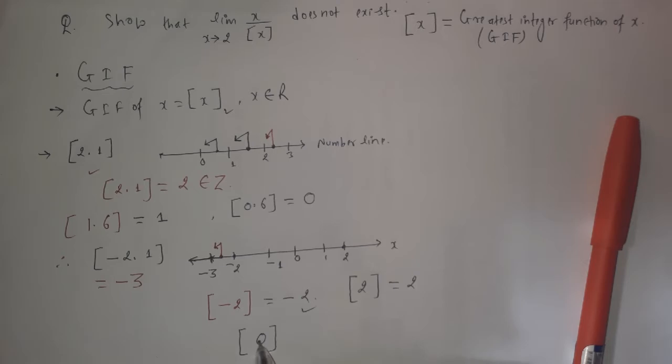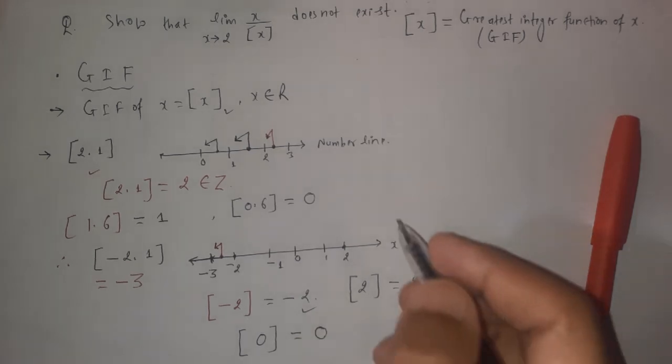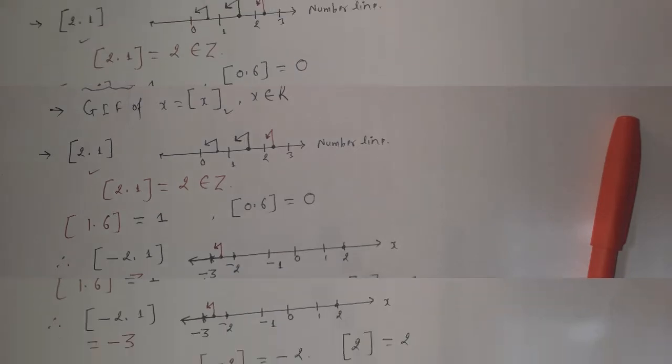The 0 is an integer, so the greatest integer of 0 is the number itself, 0. It is the way for calculating the greatest integer of any number.